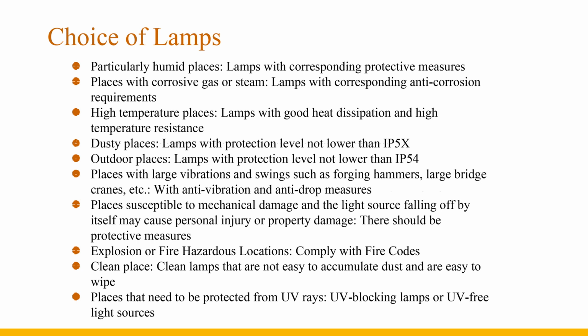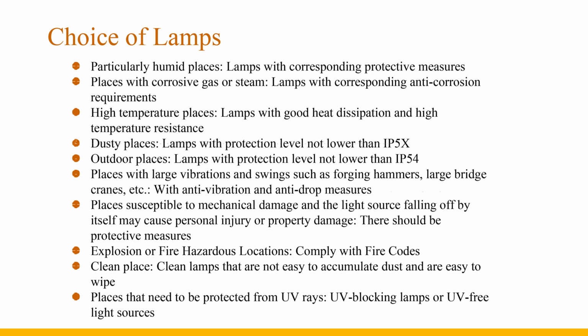Sixth, there should be anti-vibration and anti-swing measures in places with large vibration and swing. Seventh, places that are vulnerable to mechanical damage, where the light source may fall off by itself and cause personal injury or property loss, should have protective measures. Eighth, places with explosion or fire hazard should comply with fire protection regulations.